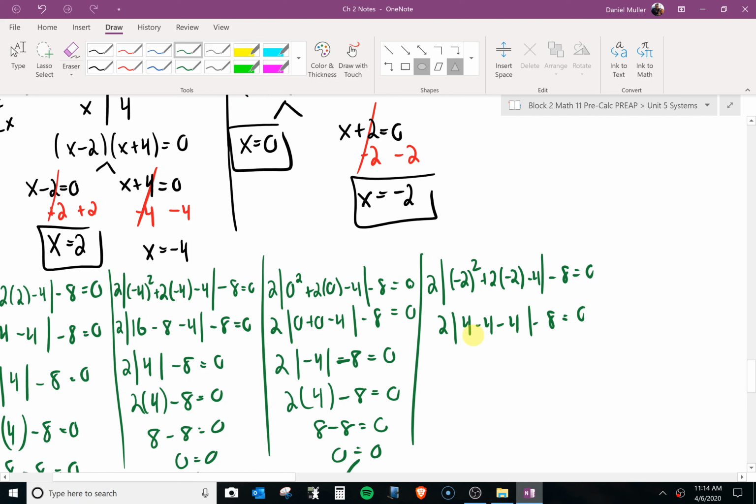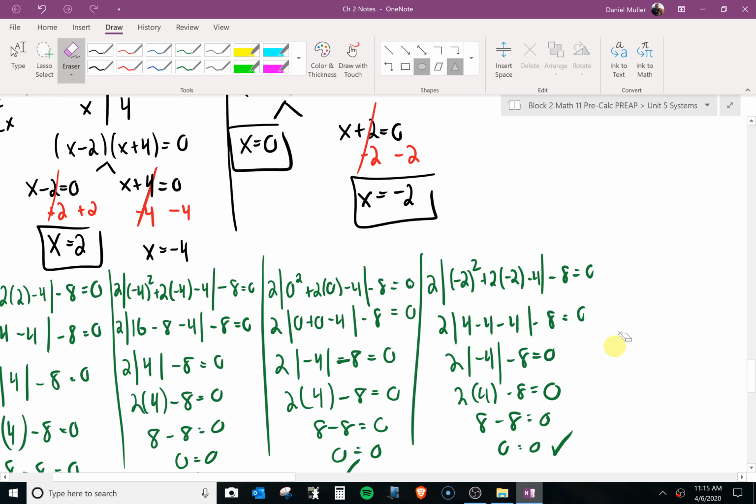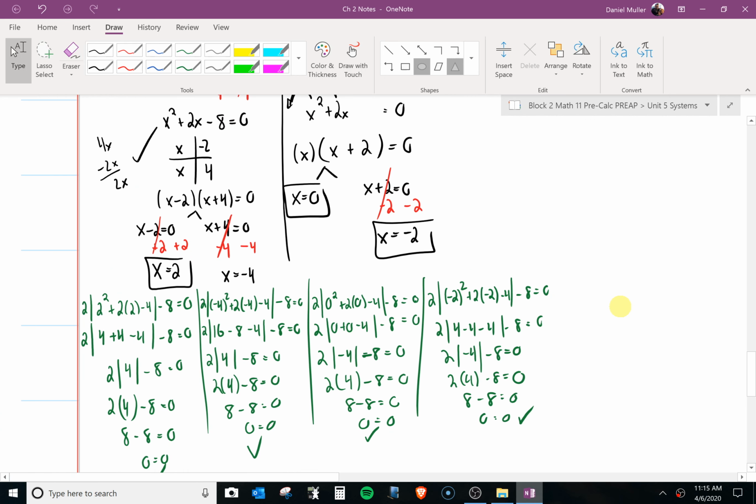So the inside here is going to be negative 4. Because 4 minus 4 is 0. 0 minus 4 is minus 4. And you can see we got the exact same thing that we got over here. The absolute value of negative 4 is just 4. And 2 times 4 is 8. So 0 equals 0. So we actually got 4 answers, and all of them work.